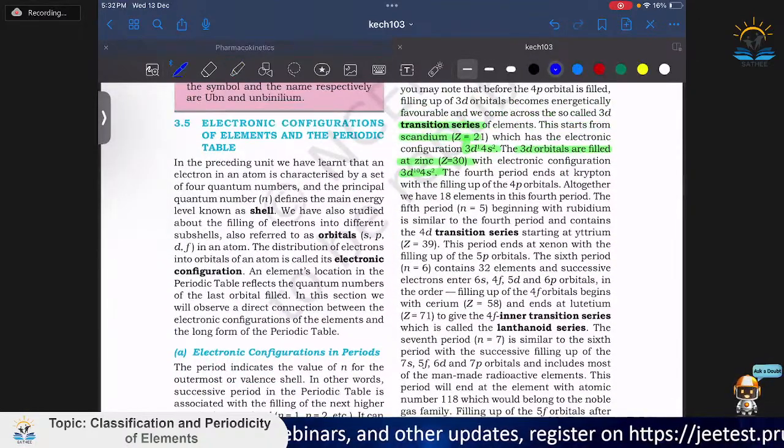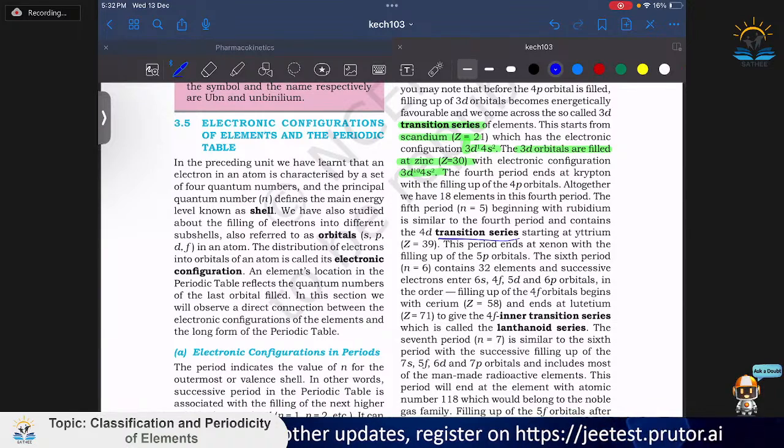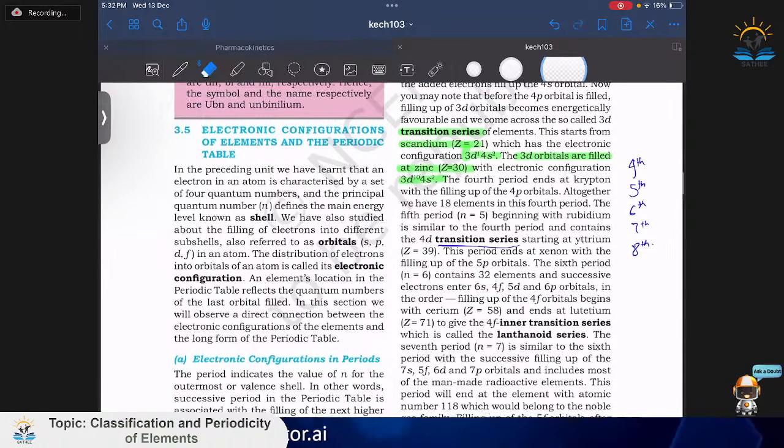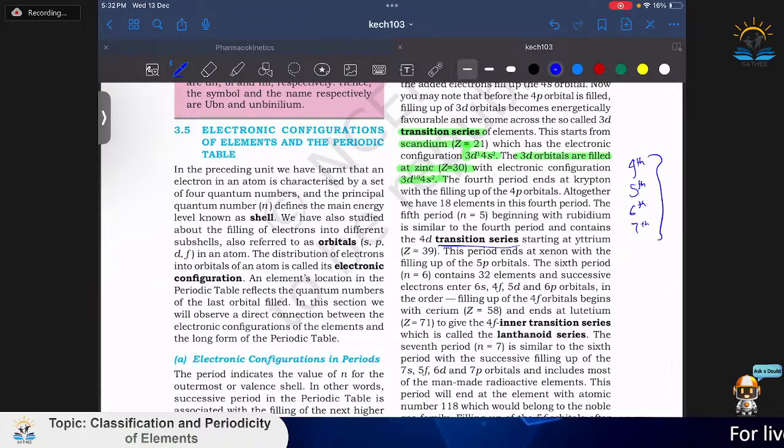Transition series is present in the fourth period, fifth period, sixth period, seventh period. Oh, there is no eighth period. It is present from fourth to seventh. Transition elements are D block elements. Inner transition are F block elements.